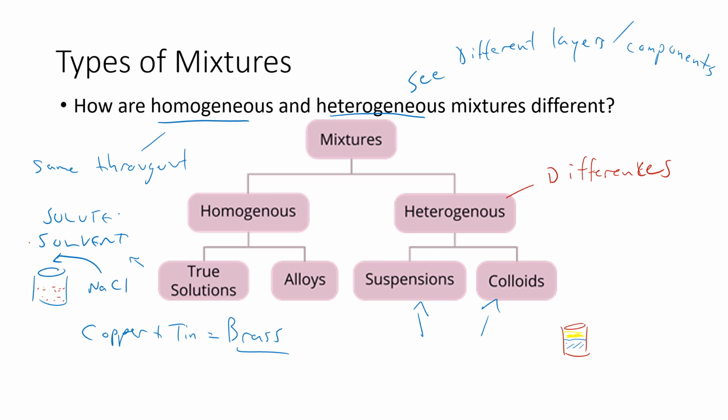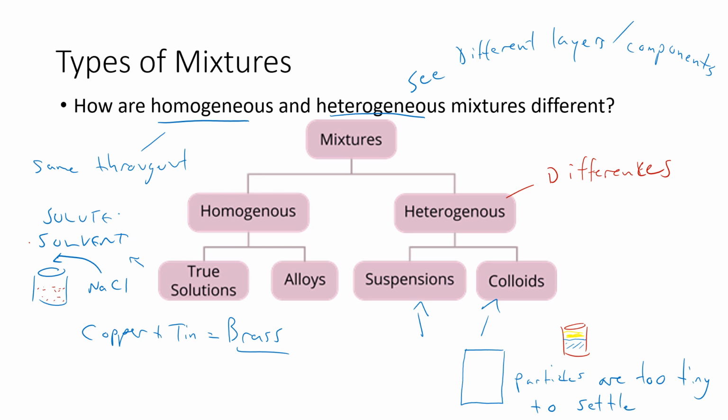Colloids are kind of their own thing. They are bizarre. What makes them strange is that they should basically be a suspension, but the particles in a colloid are too tiny to settle.